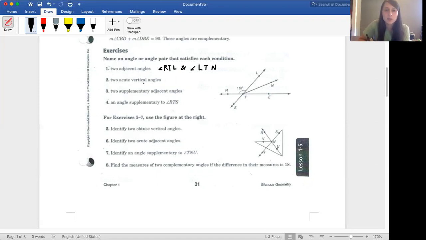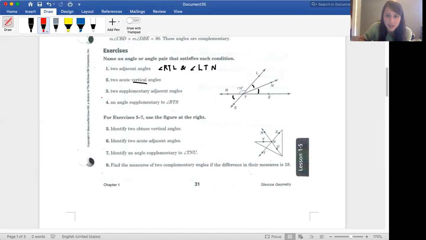Number 2, two acute vertical angles. So remember, acute means less than 90 degrees, right? So literally, this is acute, this is acute, this is acute, right? Now, we need them to be vertical, right? Vertical, meaning across from each other.